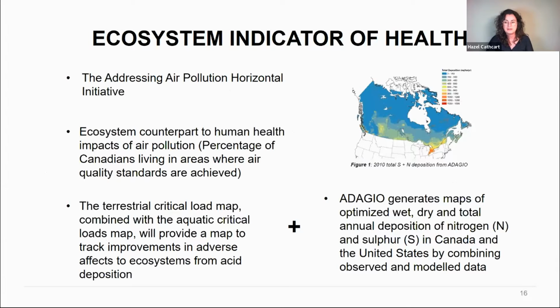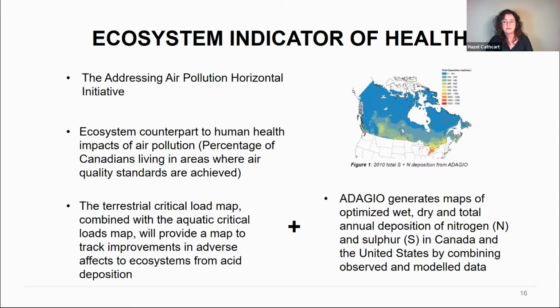While these maps were just fun to make, they were ultimately produced in support of developing Canada's ecosystem indicator of health. As you may have seen from Amanda Cole's previous work, we are working on developing an ecosystem counterpart to Canada's Addressing Pollution Horizontal Initiative, which states that the federal government will contribute to the shared ultimate outcomes of Canadians having clean air and adverse impacts on human health and ecosystems being reduced.